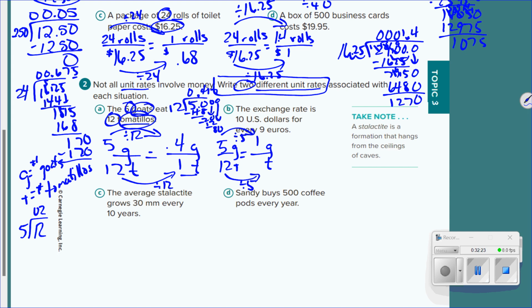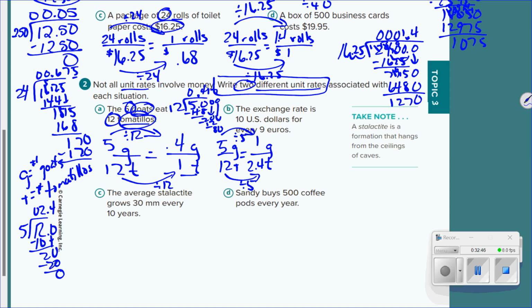Gives me a 2. Need to bring my decimal up. 20 is going to go 4 times. So this one becomes 2 4/10 tomatillos per goat, which is why, when I look at it from the goat perspective, I end up with parts of a goat to get one. Does everybody understand what we did? Yes, sir. Yeah.